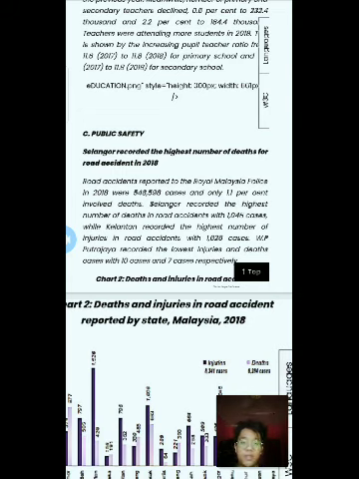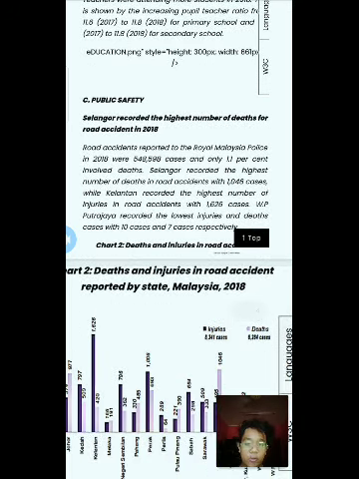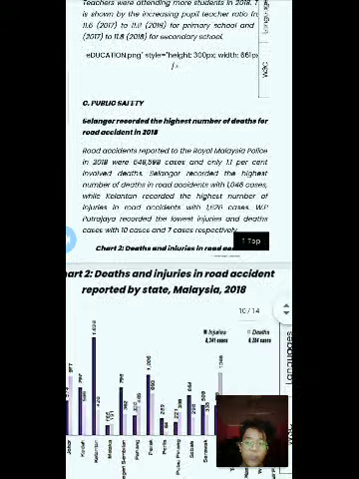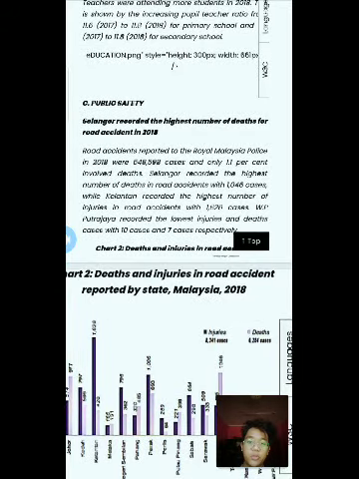Selangor recorded the highest number of deaths in road accidents with 1,086 cases, while Kelantan recorded the highest number of injuries in road accidents with 1,626 cases.